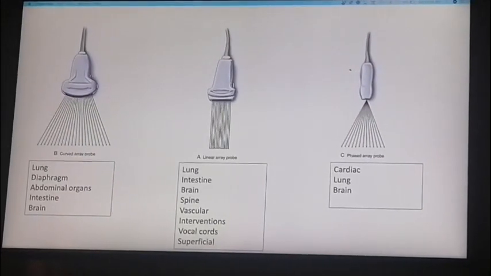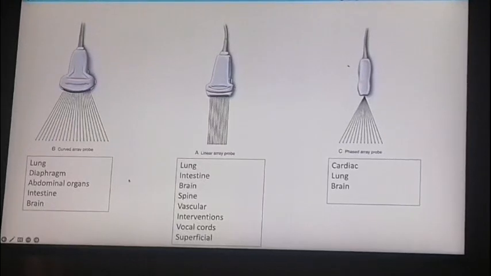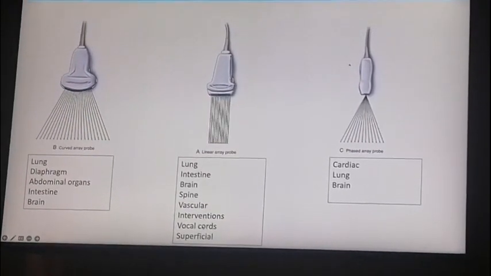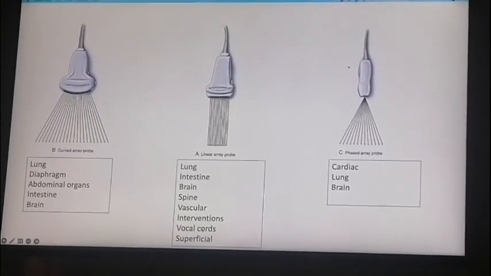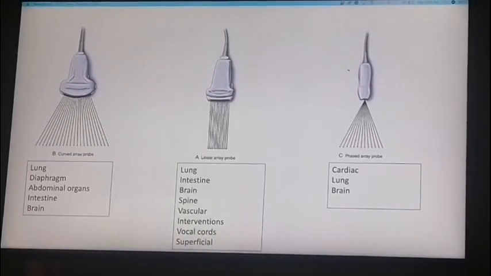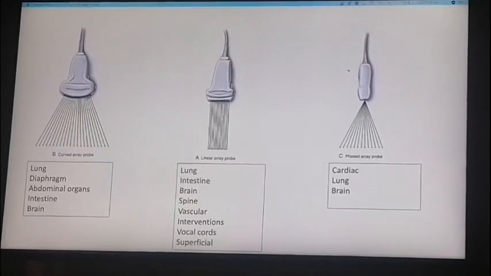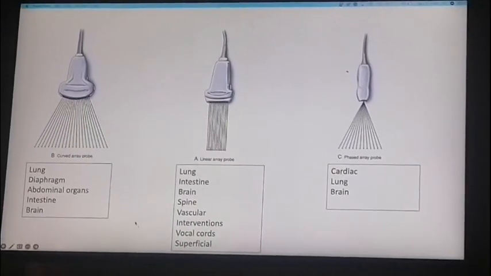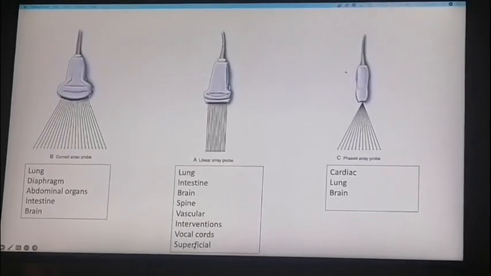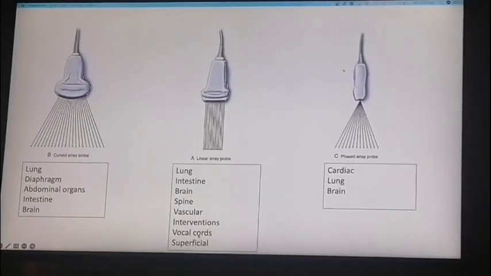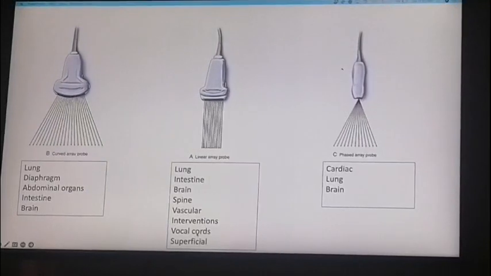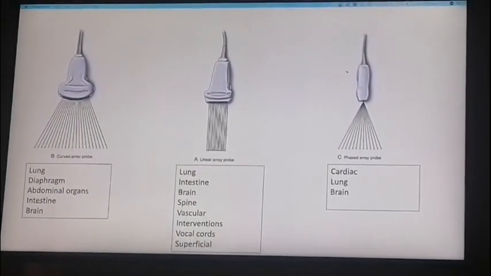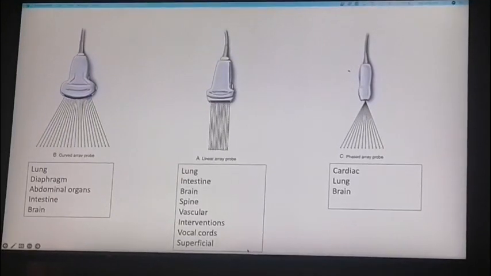It is also used for interventions like lumbar puncture, where we use ultrasound to detect the largest CSF collection before the puncture. It's easy and simple. Also for vocal cord assessment. If an infant has vocal cord paralysis or weakness, it's easy to detect the vocal cord movement by ultrasound. These are very nice applications.